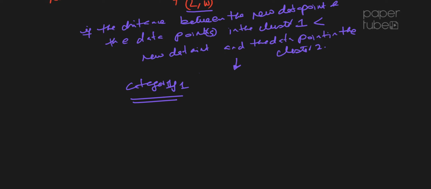So the rule is that it will check for the nearest neighbor, and if the property is closer to category 1, then it assumes that the new data point belongs to category 1.